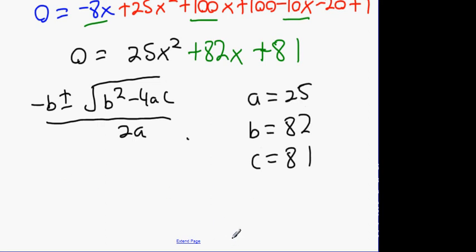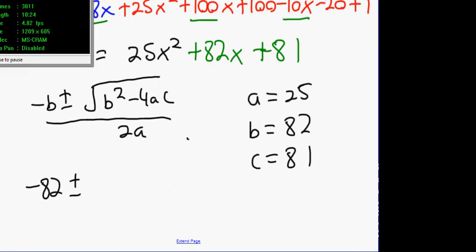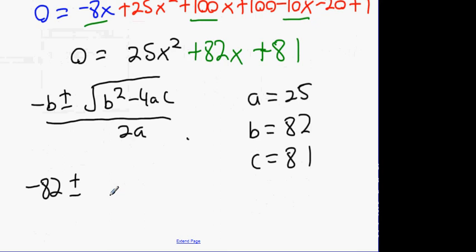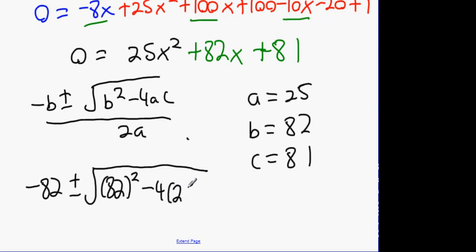So we're going to get minus B, minus 82. What we're going to do next is, it's minus 82 plus or minus the square root of B squared. B squared is going to be 82 squared minus 4 times 25 times 81 for AC, all over 2A.